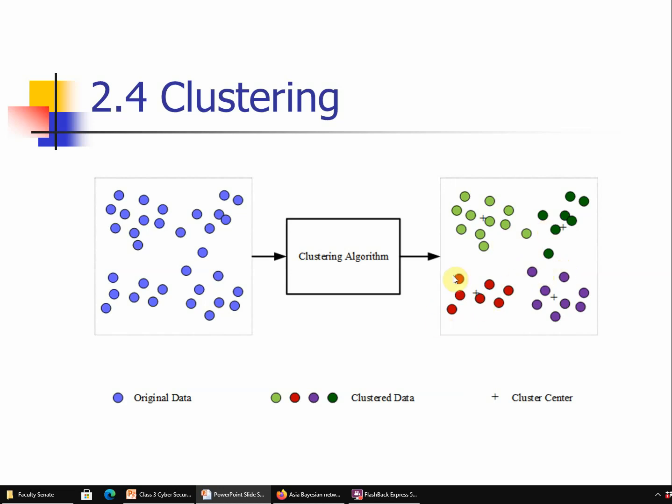Maybe some group is in the uploading data category, the other one is downloading data, and one group of the data might be trying to change something, make some different configurations, and that might be correlated to the attacks or something. And therefore, clustering is also a very useful technique in cybersecurity or intrusion detection problems.